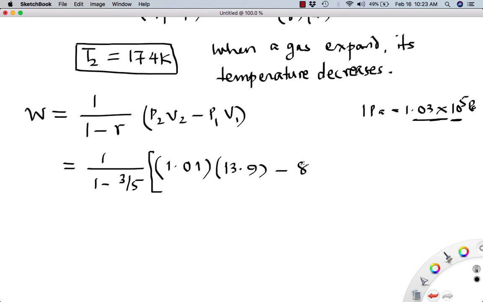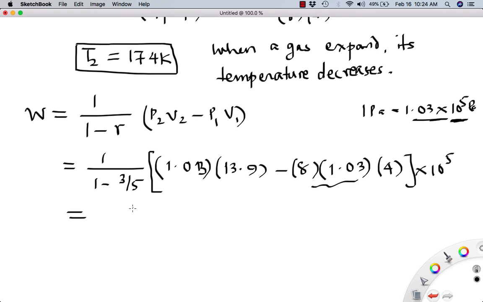V1 is also, we have 1.01, sorry, that's the pressure in terms of Pascal, and V1 is 4 cubic meter, and we have this times 10 to the 5th. Okay, so when you do this calculation, you will get 2.74 times 10 to the 6 joules. Okay, that's the work.